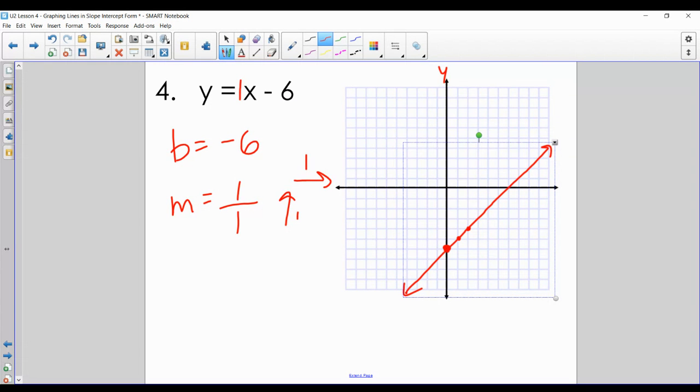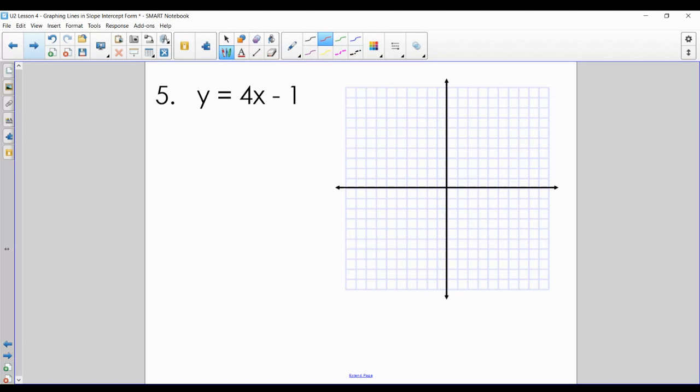And our last practice problem, I've got y equals 4x minus 1. My y-intercept, again, the number that's by itself. Plot that point. My slope is the number that's out in front of the x. That's 4. I can think of it as 4 over 1.